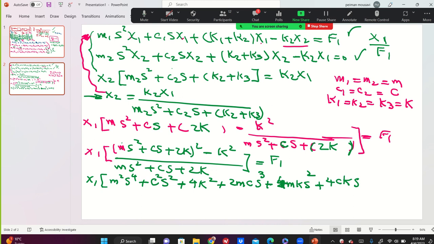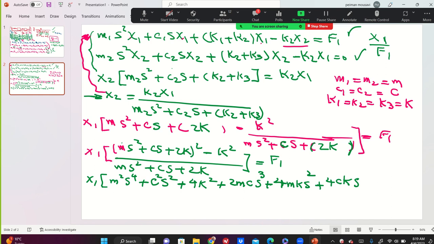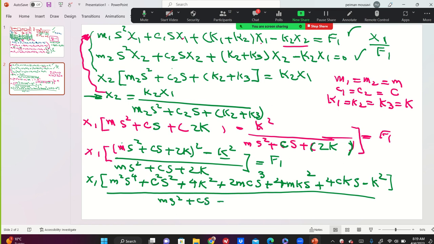Let me double check. This is square, this is square, this is square. 2mc s cube, 4mk. Let me write clearly. 4k squared plus 4cks. Now minus this k squared, divided by ms squared plus cs plus 2k, is equal to f1.